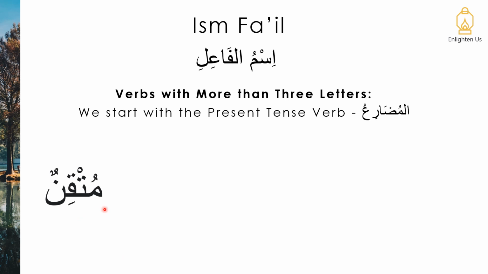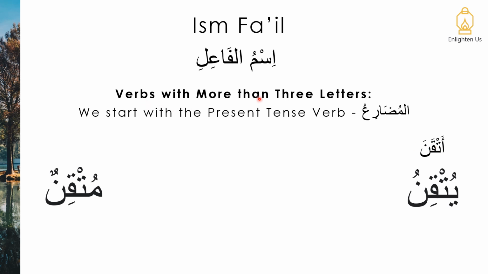And now let's have a look at our 4th example, mutqin. Again, we are saying that this is derived from a verb that has more than 3 letters, and we need to start with the mudari', which for this one is yutqinu. But are we sure? Well, let's have a look at the past tense, atqana. As you can see, there are 4 letters here.